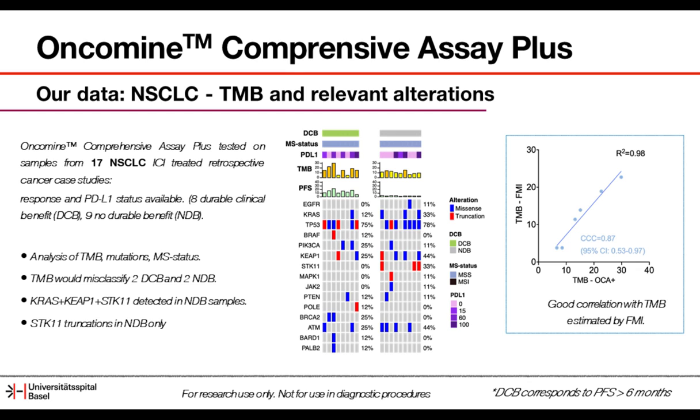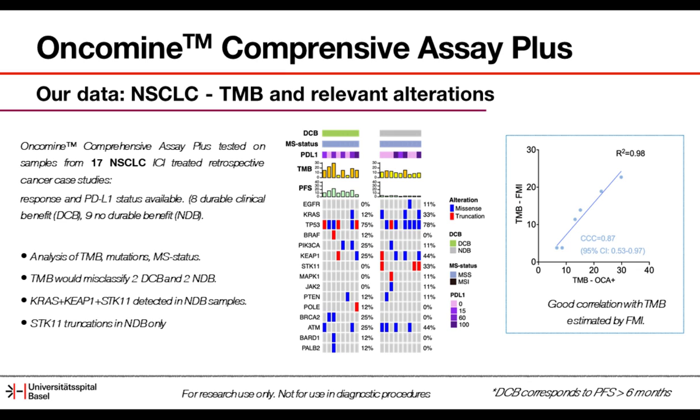On top, you can see the green samples showed durable clinical benefit, which corresponds to progression-free survival longer than 6 months. And the gray samples on the right side of the plot are instead no durable clinical benefit observed. You can also see the Oncomine Comprehensive Assay Plus allows to assess the microsatellite instability status.